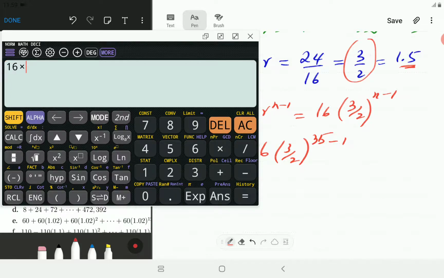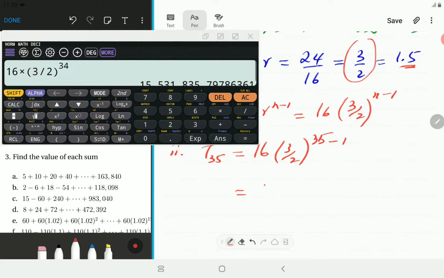So it's going to be 16 times 3 over 2, raised to the power of 34, and this is going to give us 15 million.